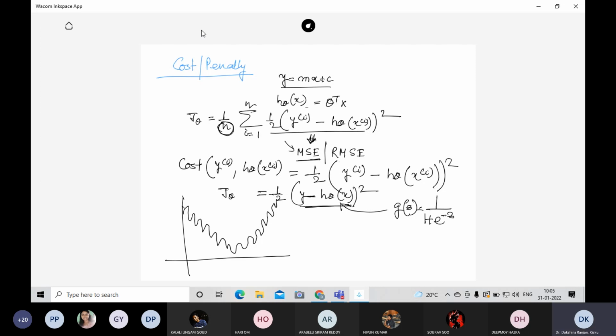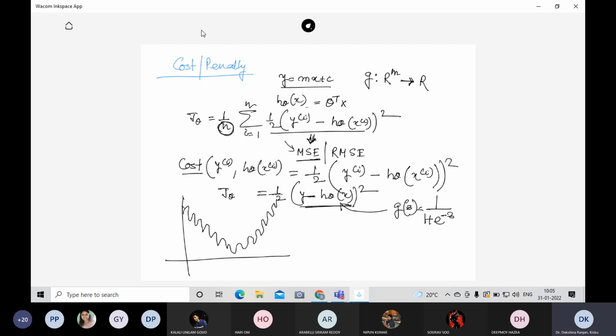So basically what happens when we have an objective function like this, and we have to minimize this objective function in such a way that we can get the error minimized.